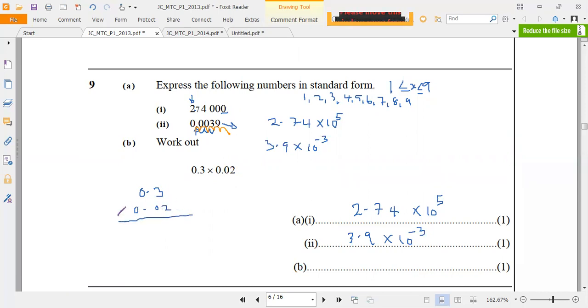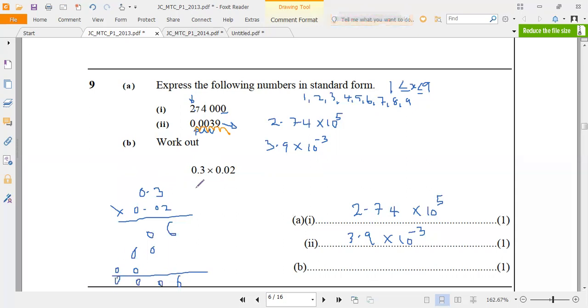Then you go ahead and multiply normally. 3 times 2, that is 6. 0 times 2, that is 0. 3 times 0, that is 0. 0 times 0, that is 0. Then 3 times 0, that is 0. So we write the 0 here below the number we are multiplying with. Then 0 times 0, that is 0. Then finally, we add up what we have. This will be 6, 0, 0, and 0.